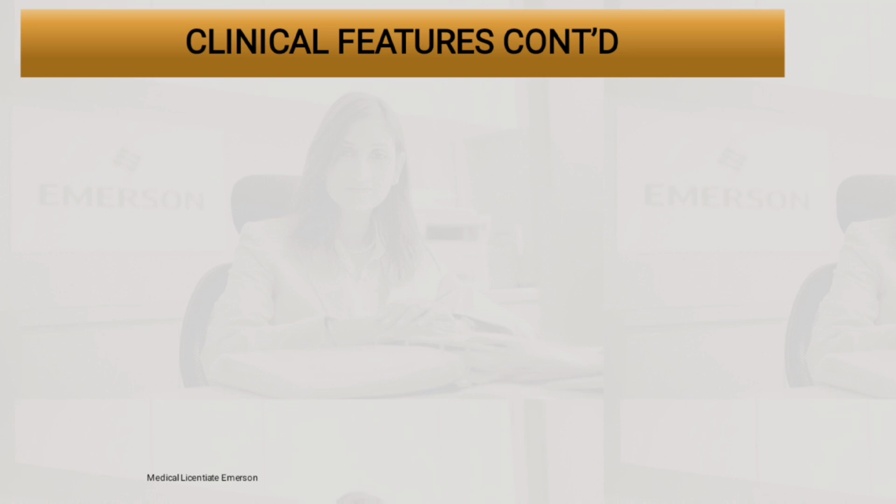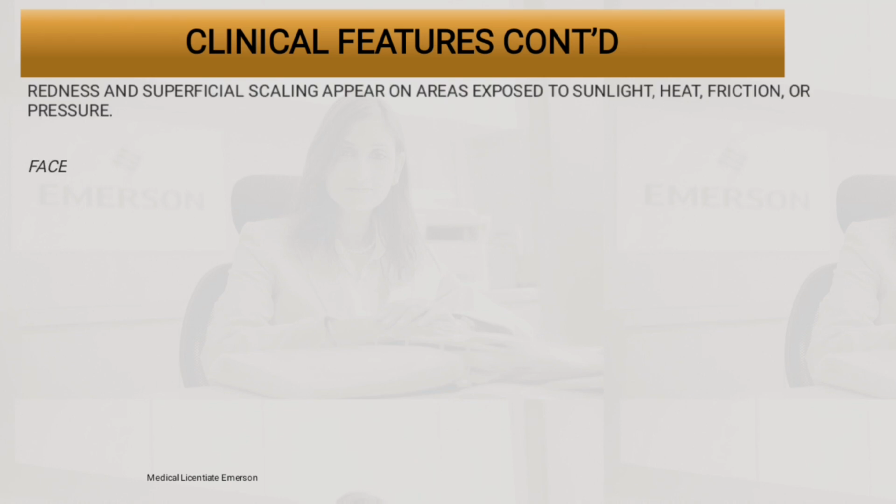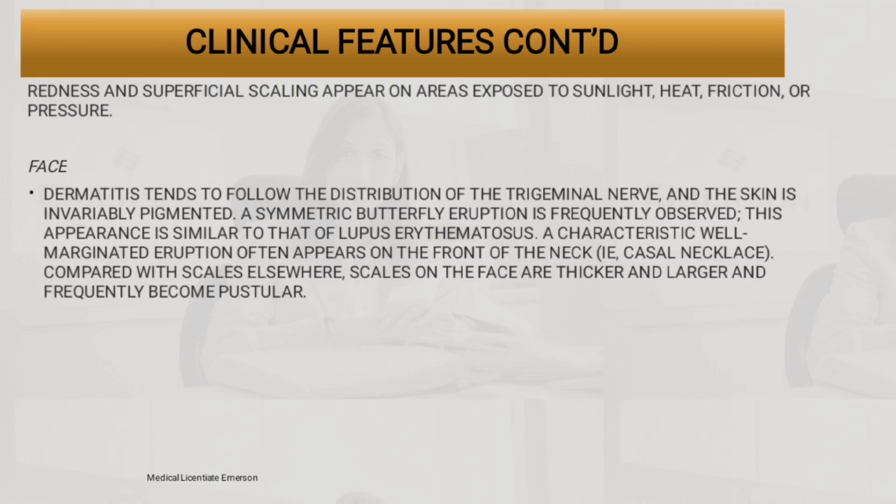In terms of the face, dermatitis will tend to follow the distribution of the trigeminal nerve, and the skin is invariably pigmented. A symmetrical butterfly eruption is frequently observed, which is similar to that of the lupus erythematosus eruption.